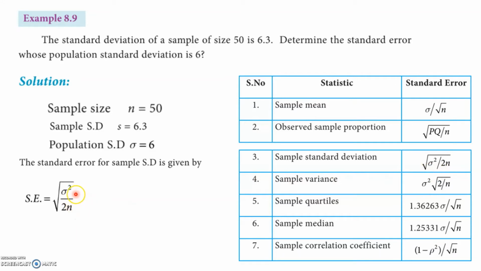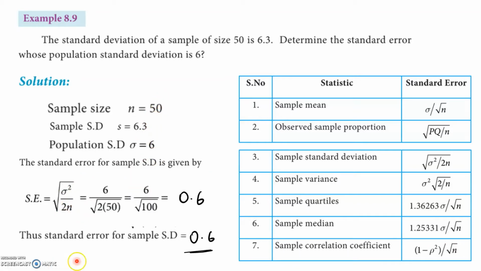Taking the square root of sigma squared, it will be 6 divided by the square root of 2 times 50, where n is 50, which is 6 by square root of 100. Square root of 100 is 10. So 6 by 10 is 0.6. Thus the standard error for the sample standard deviation is 0.6.